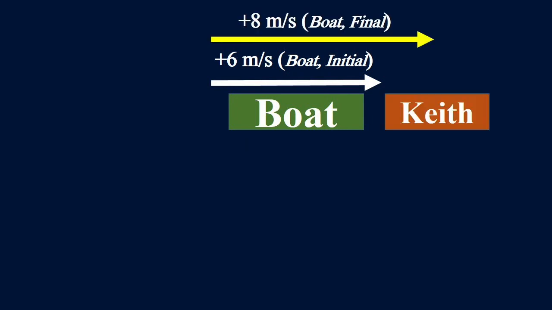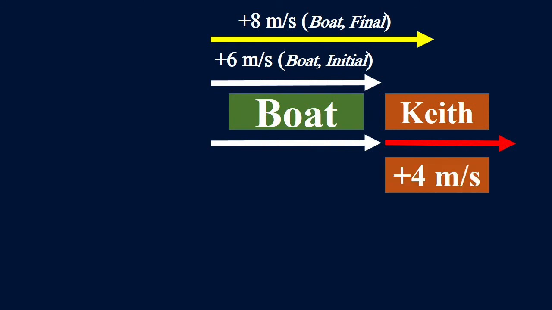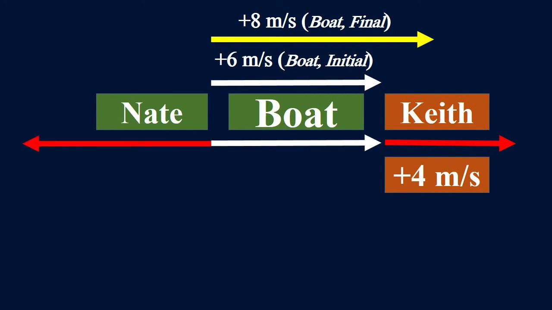So there's something pushing the boat to the right, according to the diagram, correct? And we know that the initial velocity is 6 meters per second. The final velocity is 8 meters per second. Keith has a certain velocity, 4 meters per second off the front of the boat. Nate is going to be, what was it?